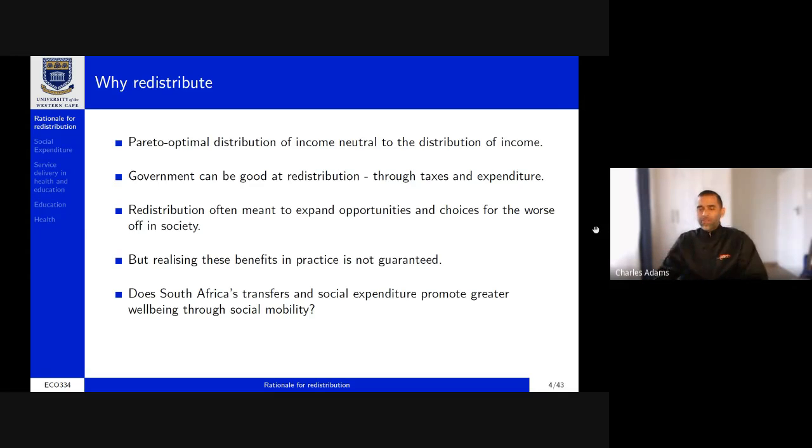So it does promote social mobility, but again, we do have the implementation issue across our departments. For the most part, the grants get to the people, right? There are some issues with it. Maybe it's more expensive than it needs to be, but people are getting grants, and that in itself is somewhat of an achievement.